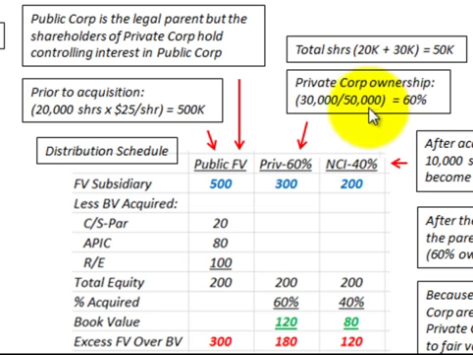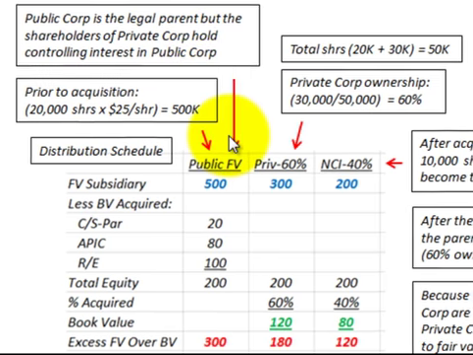So based on that percentage, we come up with 60% ownership of the private corporation owning the public corporation. So after this acquisition, the private corporation is going to be the parent for the controlling interest of 60%, but they're not going to be the legal parent. The public corporation is going to remain the legal parent in this case.